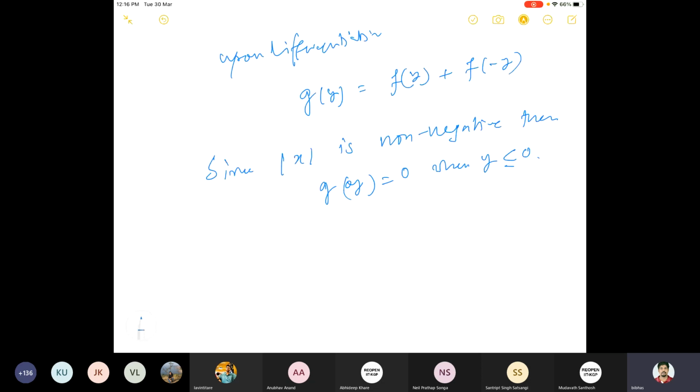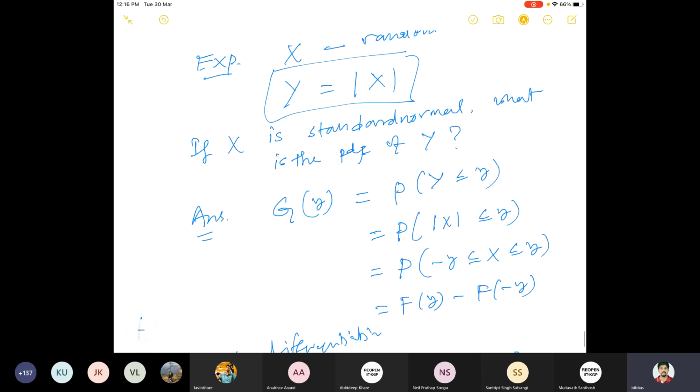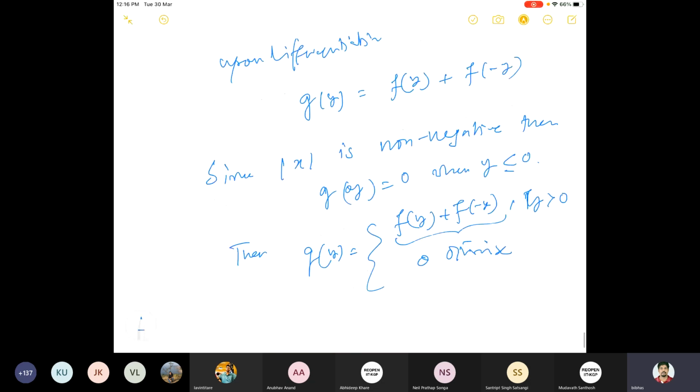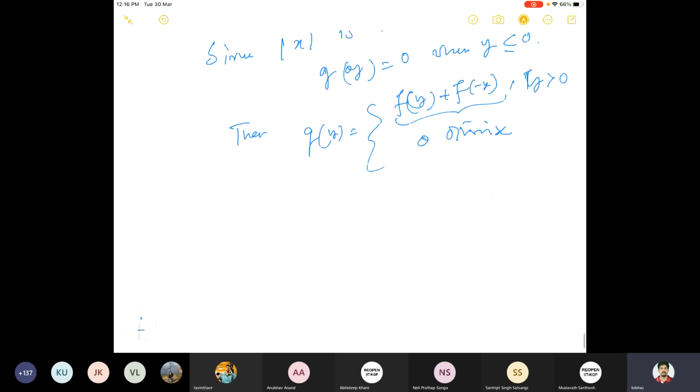So g(y) is nothing but f(y) plus f(minus y) when y is bigger than 0 and 0 otherwise. So this is just for any general X. If I know the PDF of the random variable X, then I can find the PDF of Y, which is nothing but f(y) plus f(minus y) when y is bigger than 0 and 0 otherwise.